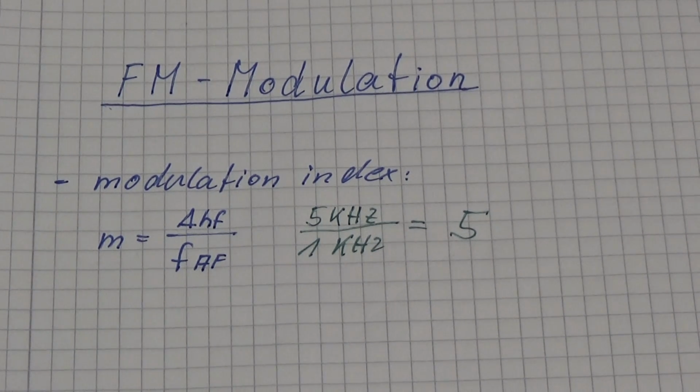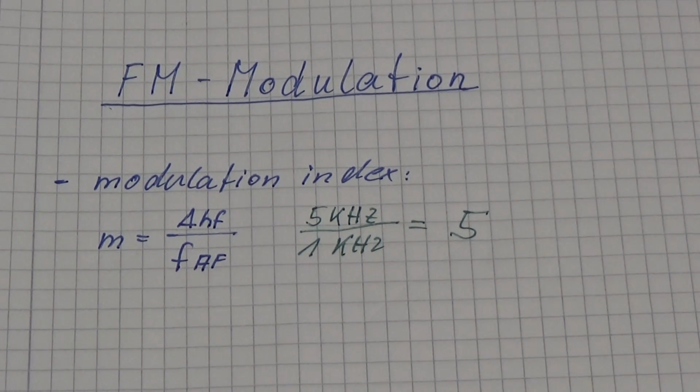And we have to distinguish three different kinds, and that is small or narrow band FM or angle modulation.